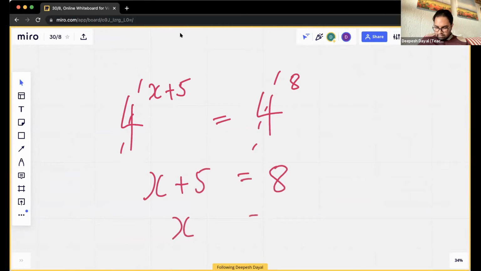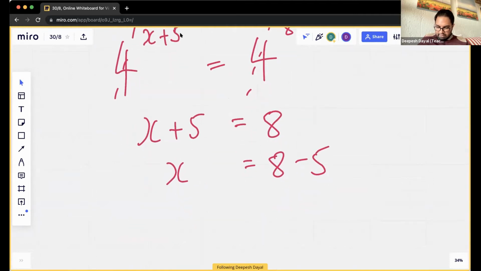So x equals 8 minus 5, which is 3. Okay, so x plus 5 equals 8, and 8 minus 5 equals 3, right?